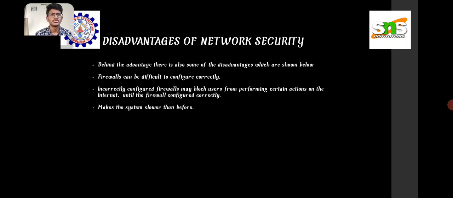Firewalls can be difficult to configure, as they have a number of rules. Incorrectly configured firewalls may block users from performing certain actions on the internet until the firewall is configured correctly, and can make the system slower than before. For example, if I'm installing any apps, it asks us to turn off our firewall to make it work.